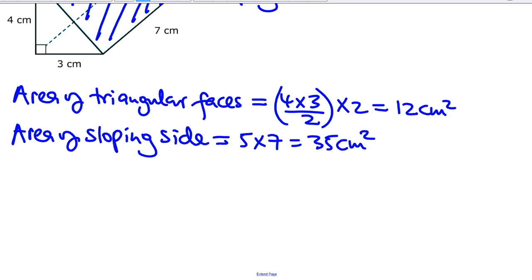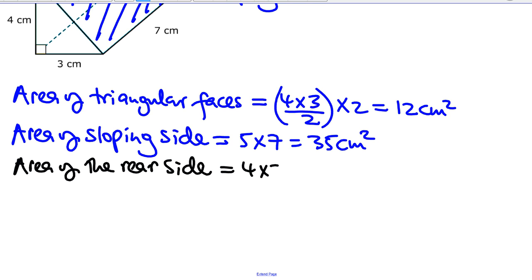So we can go ahead and work out the calculation for that here. So area of the rear side will be 4 multiplied by 7, which will be 28 centimeters squared.